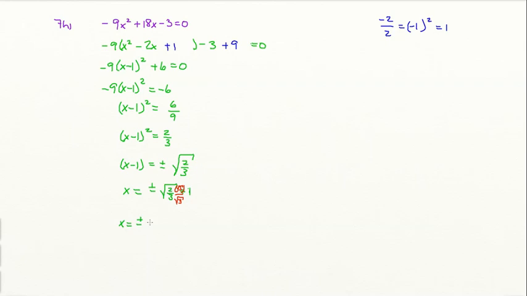Root 2 times root 3 is root 6. Root 3 times root 3 is 3. Again, we can leave it at that answer, or we could make that 1 into a fraction, so times the 1 by 3 over 3. And if that's the case, you can then add the two fractions together, and that would be your answer.